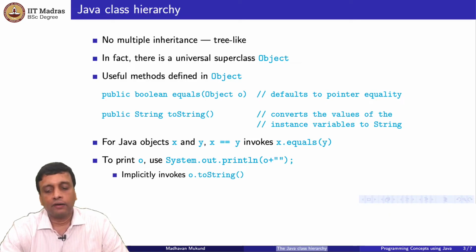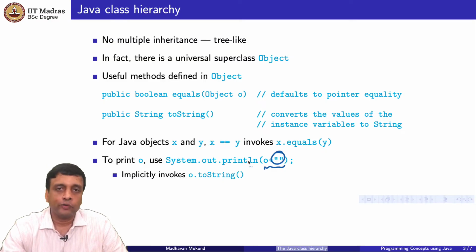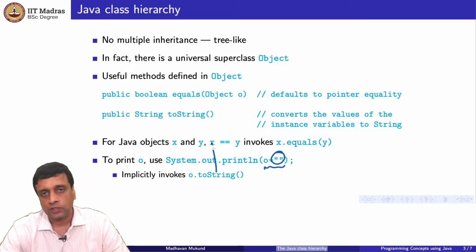Similarly, when I try to print something, if I want to convert it to a string, now in the Python context, print automatically converts. Right? Here the way to convert is to put it in an expression with an empty string. If I try to concatenate something to an empty string, then Java will try to type convert the previous part also to a string to make this plus work.